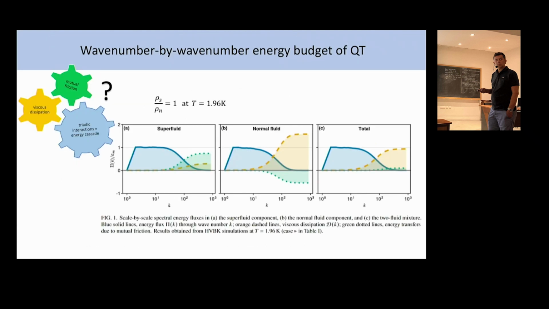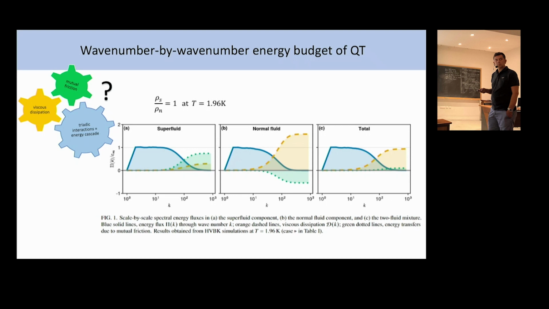Okay, so first let's start with a wave number by wave number energy budget of quantum turbulence. In the situation, typically a temperature of 1.96 Kelvin, where you have an equal proportion of superfluid and normal fluid. And here I show the energy budget.